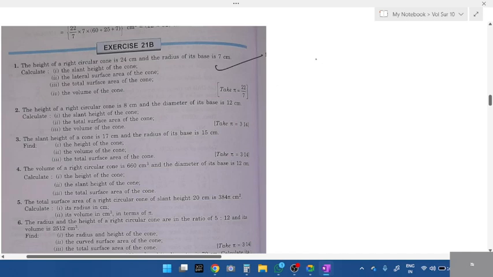Only thing, if I take volume, 1 by 3 pi r square h. This is volume. In this, what are the variables, students? All of you will respond.